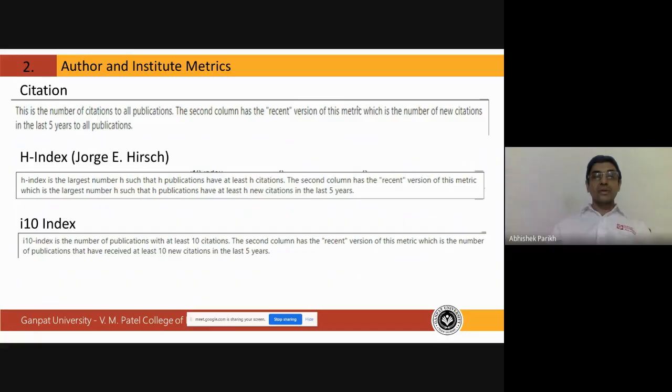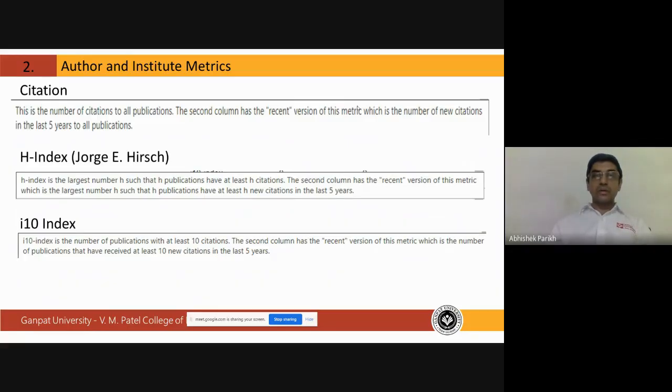But when we talk about H index, we need to understand how many of my articles have n citations with n publications.